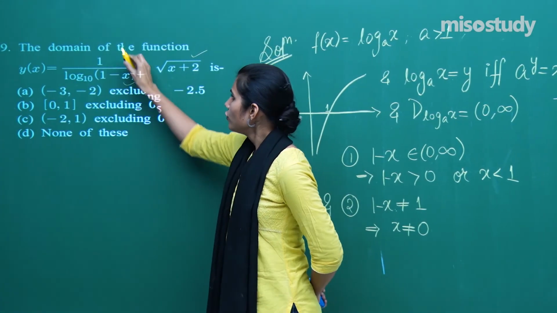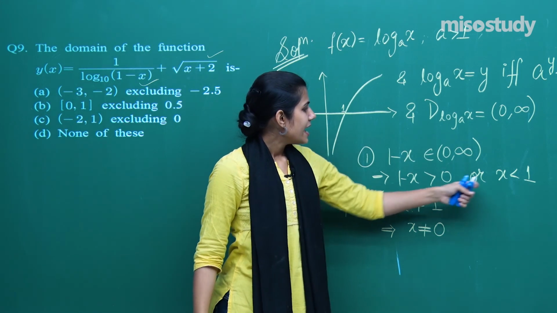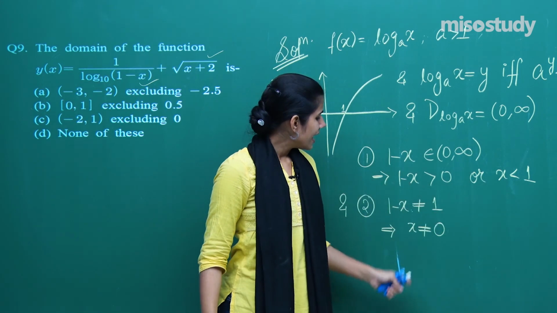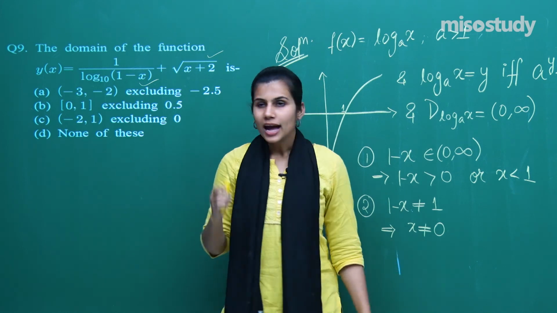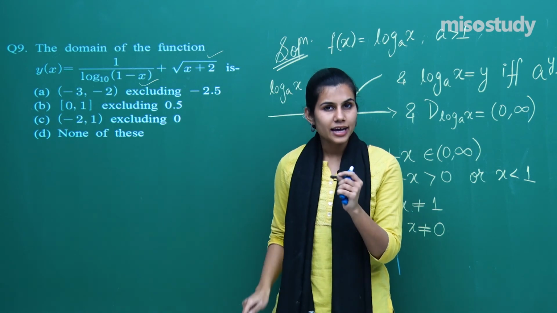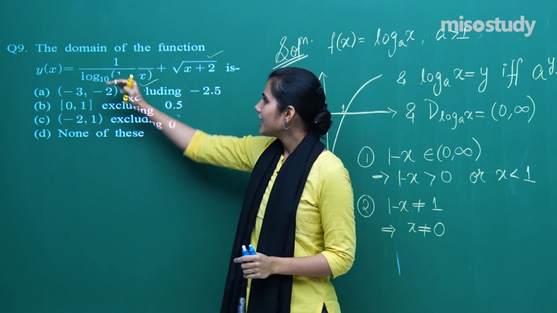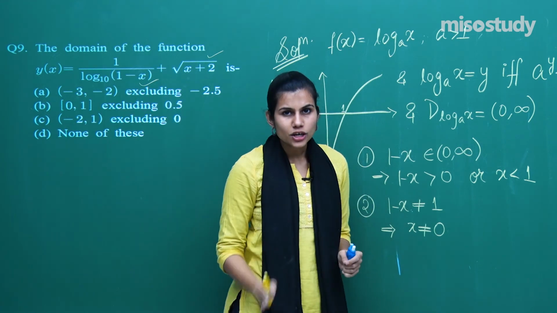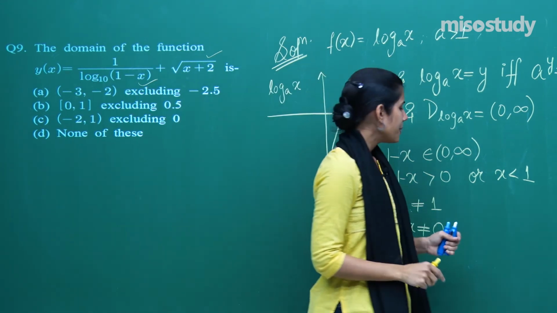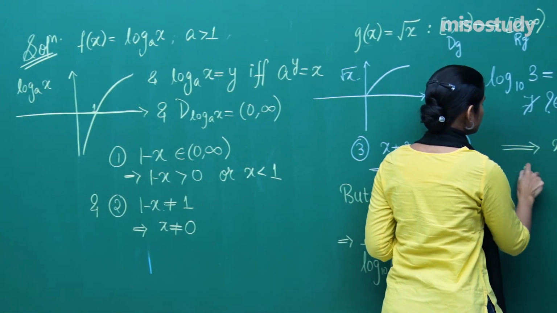And thus, for this expression to be defined, I want x to be less than 1 and x not equal to 0. And for this expression to be defined, I want x to be greater than minus 2. And when all three conditions are satisfied, my entire function is going to yield only real values. That is, x should be less than 1, the first condition.